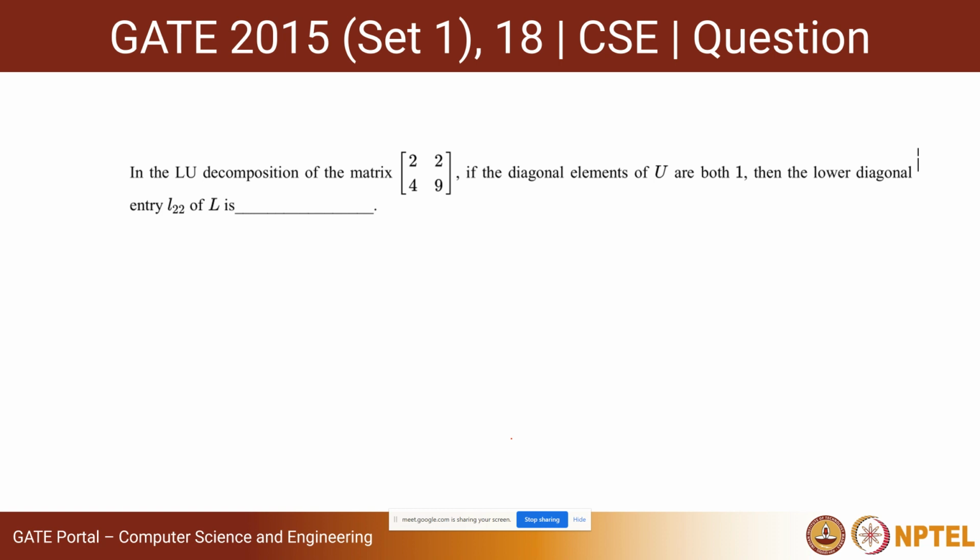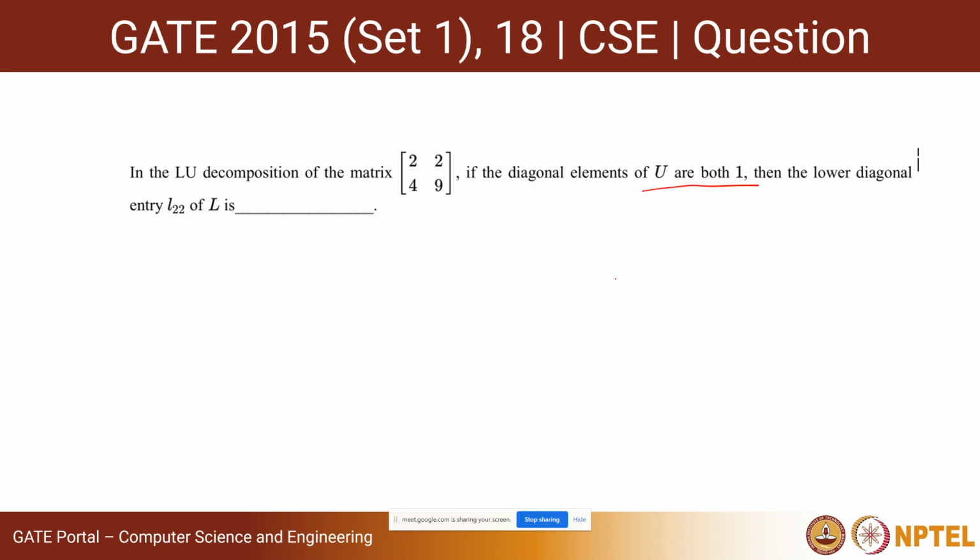Then from there, we came to row reduced echelon form. From row reduced echelon form, you can find the lower triangular matrix, right? And here one hint they are giving in the question is that the diagonal elements of U are both one.